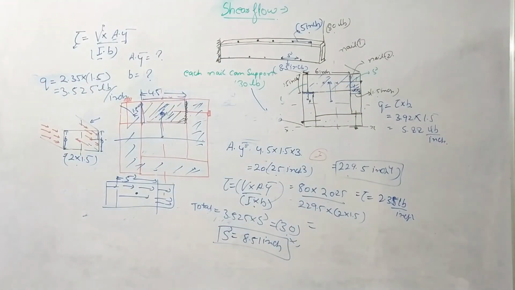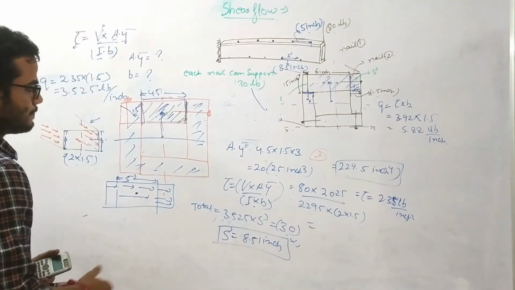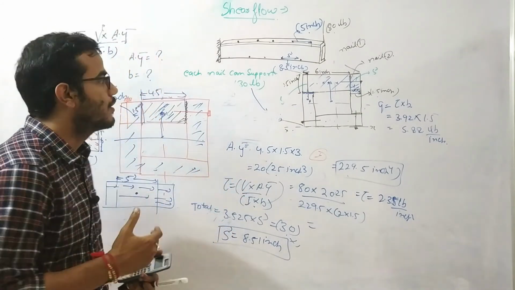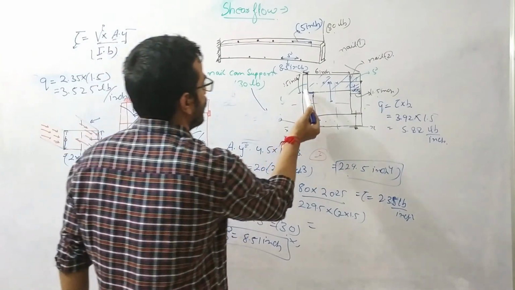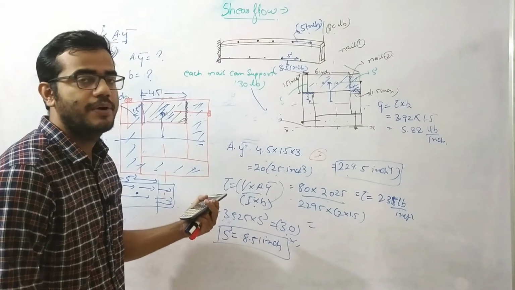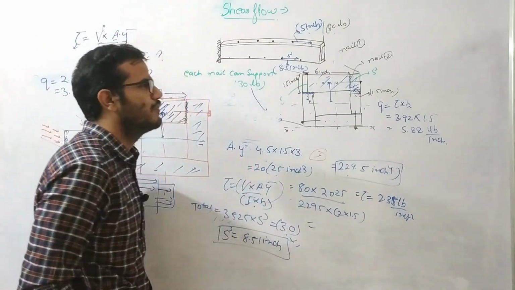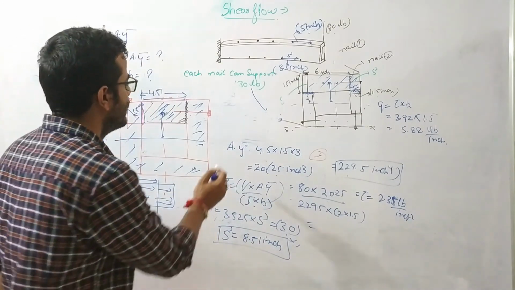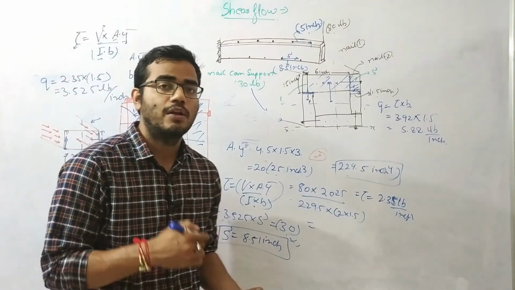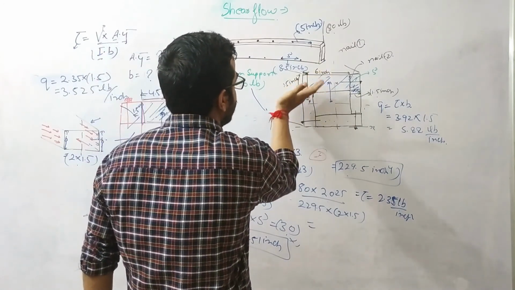Let me check the answer here. The answer is correct, 8.5 inch. So we have discussed this problem in detail. It is a slightly complicated problem where we have a different shearing surface for each nail. The most important thing is A y bar, because the moment of inertia and centroid you can easily calculate, but deciding A y bar is important. A y bar will be decided so that our calculation becomes easier: either I take the section above the cut or below the cut.